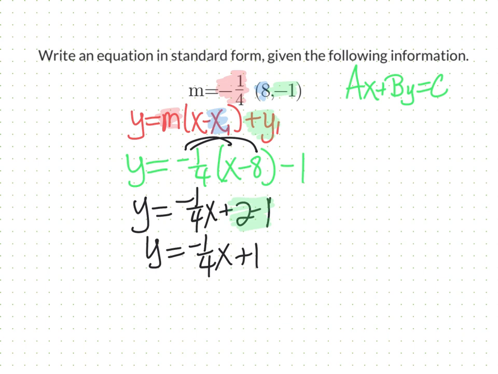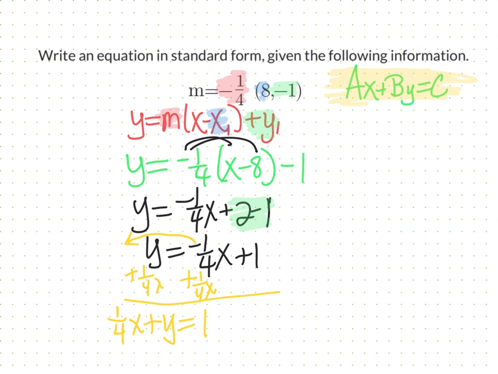Okay. Now I've done that, so I need to get my form in standard form. So I need to move my x over. So remember, when we move it, we're going to do the opposite. So I'm going to add 1/4 x. So I get 1/4 x plus y equals 1.